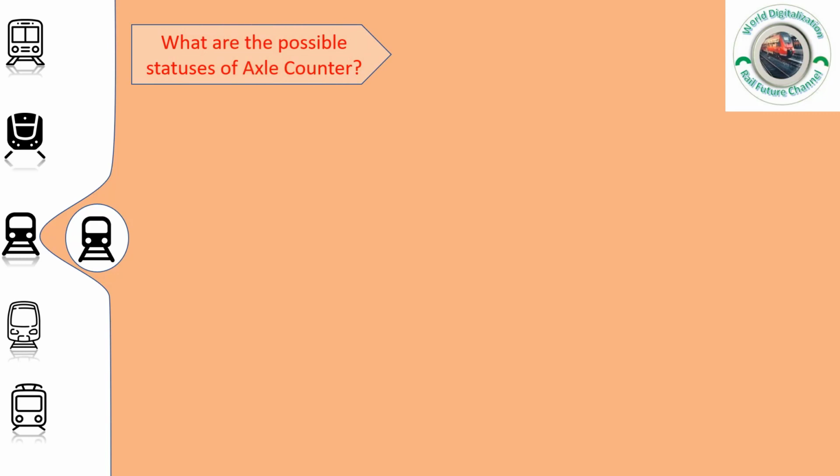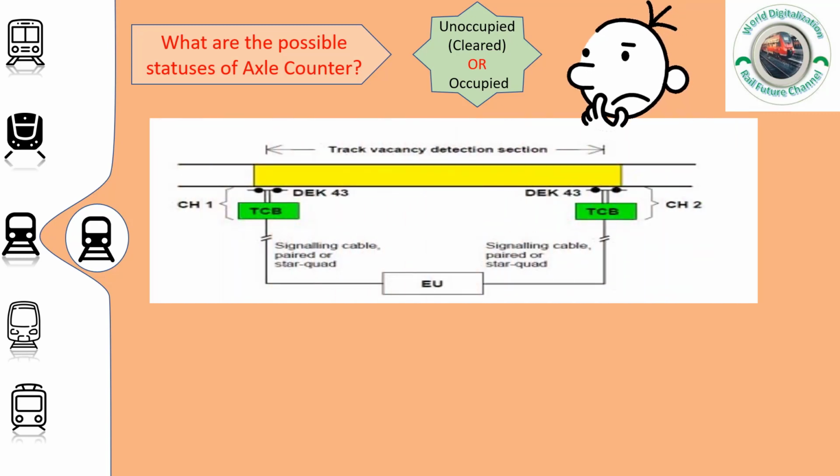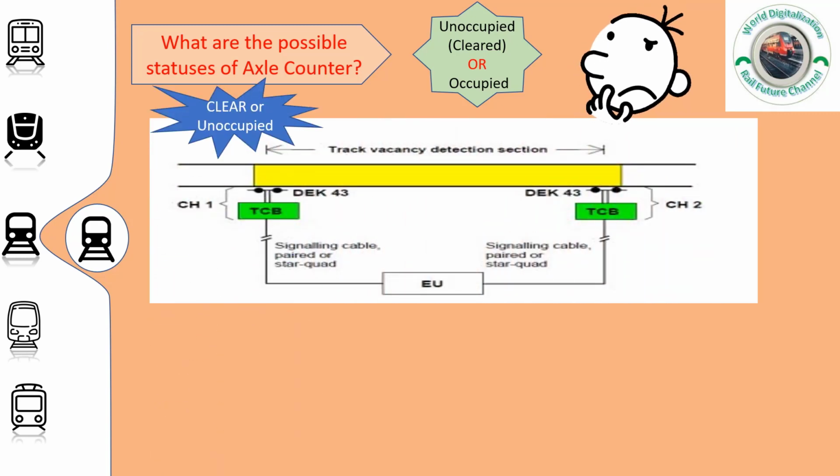What are the possible statuses of an axle counter? I believe you got it. It's unoccupied or occupied. Let's start with clear or unoccupied. As illustrated in the picture, this is the system for the axle counter.